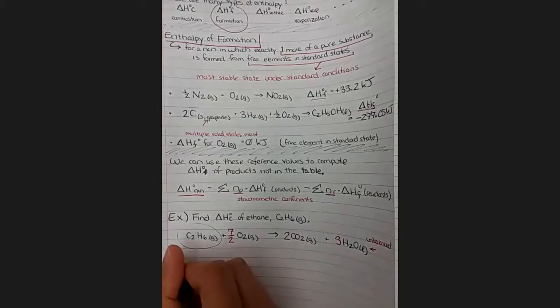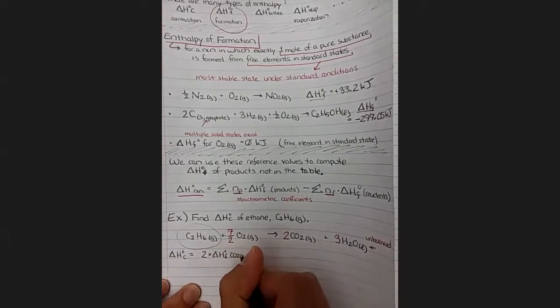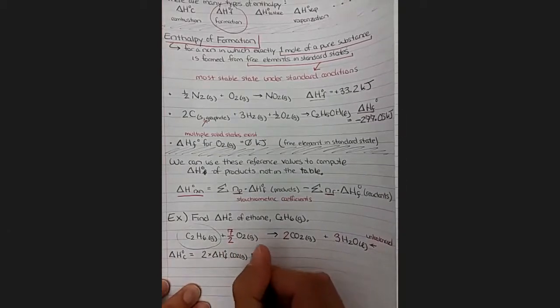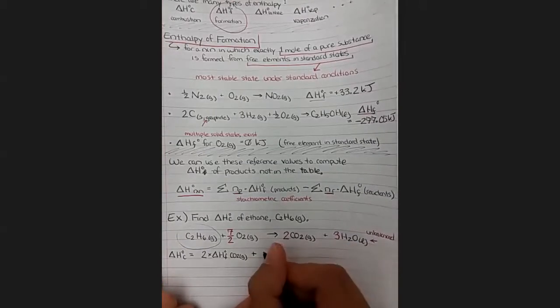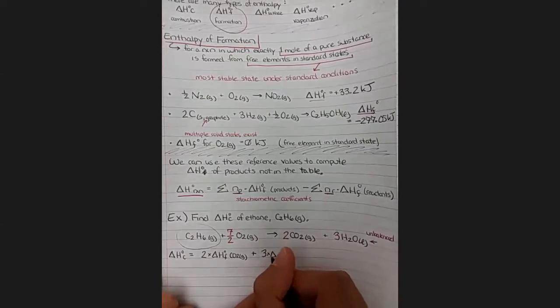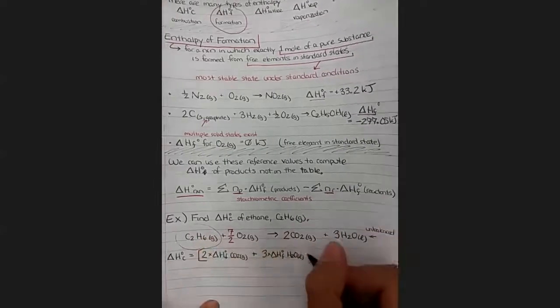Let's see here. So the delta H of this particular reaction, we're going to write it in symbols first to make sure we don't forget anything. So the first product is carbon dioxide. We're going to have 2 times the delta H standard of formation of carbon dioxide gas. The state is important because there might be carbon dioxide liquid as well. Then we're going to have 3 times the delta H standard of formation of water liquid. Those are my products.